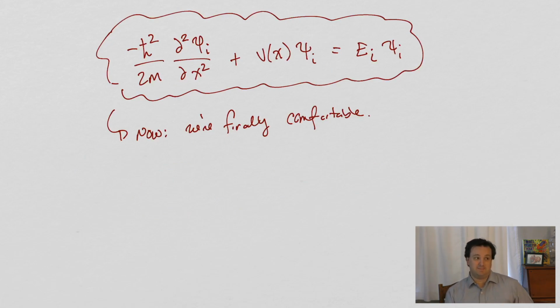It's an eigenvalue problem because I'm looking for an operator acting on a wave function equals a constant times a wave function. And I have this beautiful equation where I'm trying to find out whether there are solutions that give me constants E sub i and wave functions psi sub i that satisfy this differential equation. And for many of us, we suddenly feel good, right?